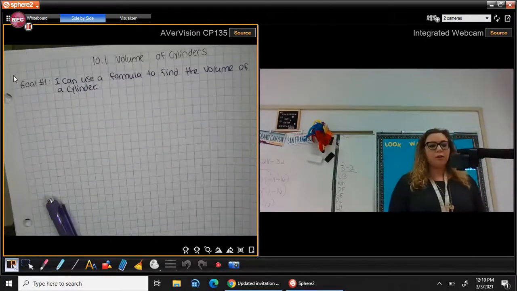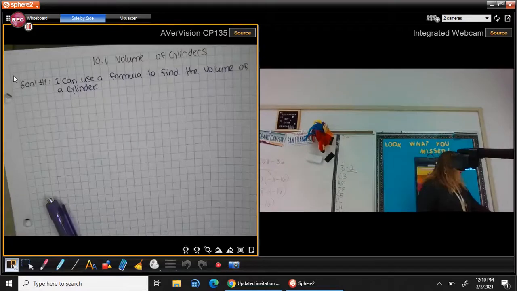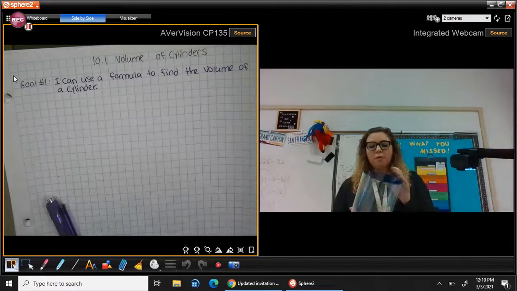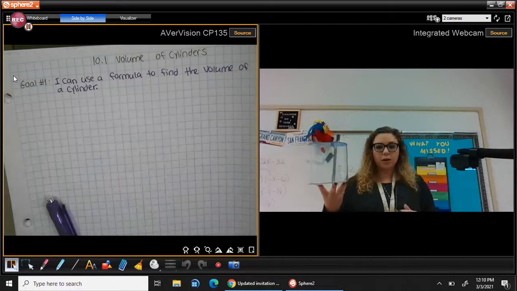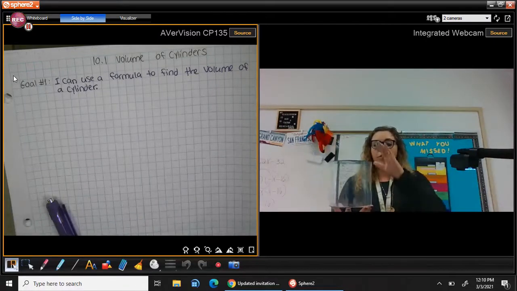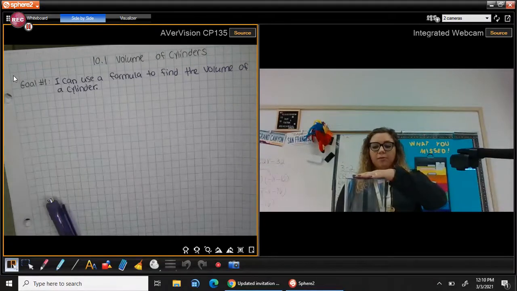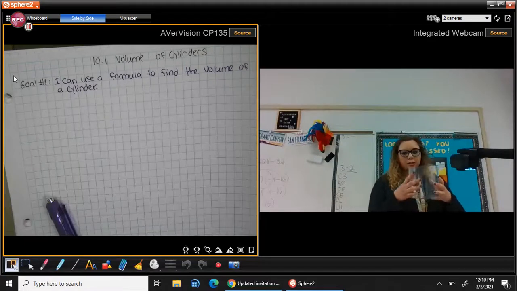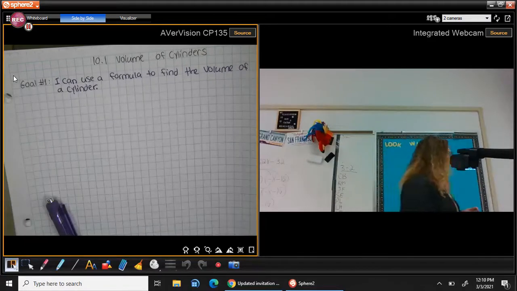When we talk about the volume, volume is a measure of how much it can hold. So how much can this container hold? When we talk about how much we can fill this up with something, we're talking about the volume.